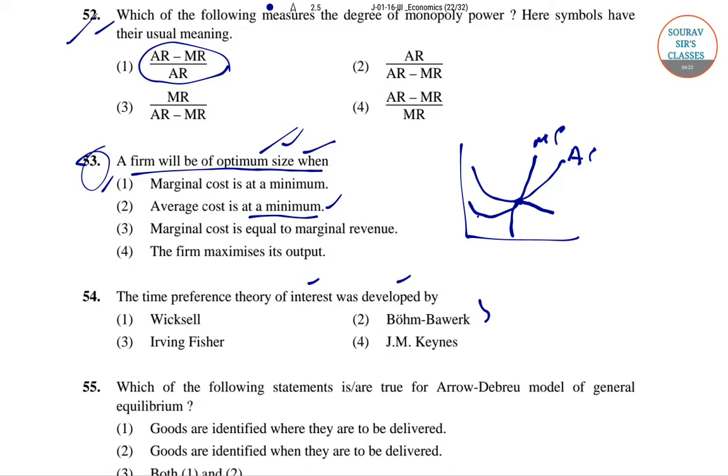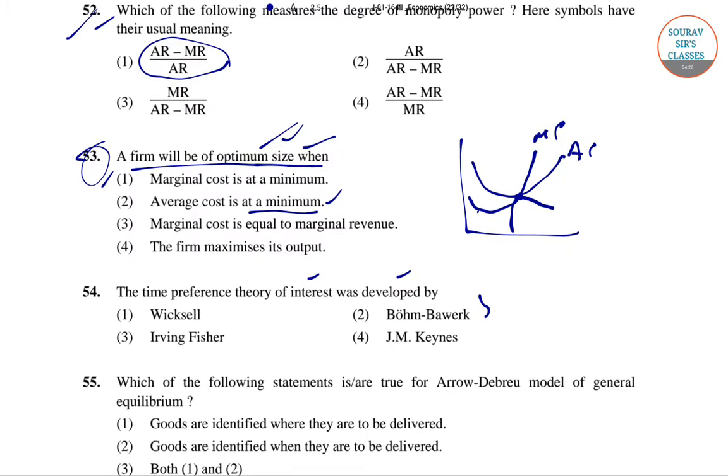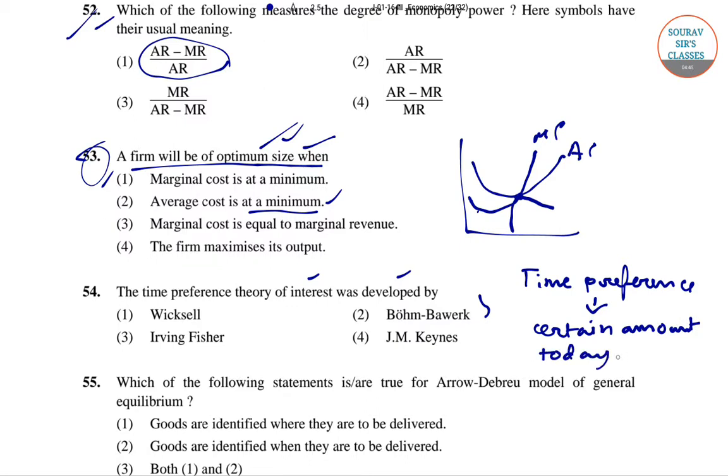So we need to understand what time preference is. It is having a certain amount today rather than having it at a point of time in the future.